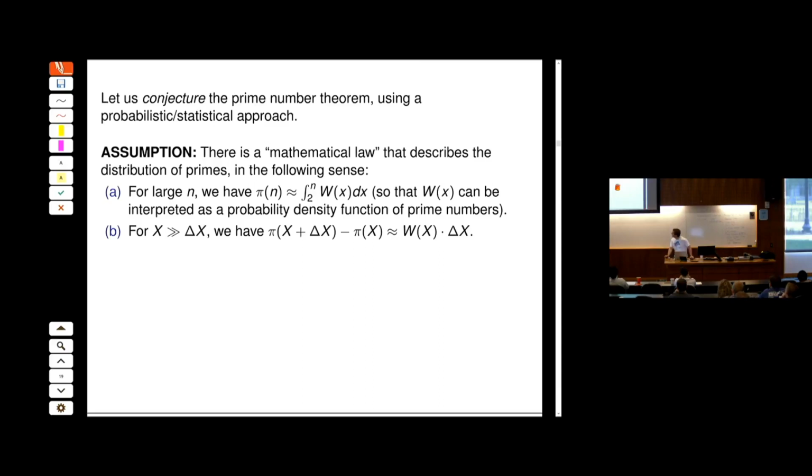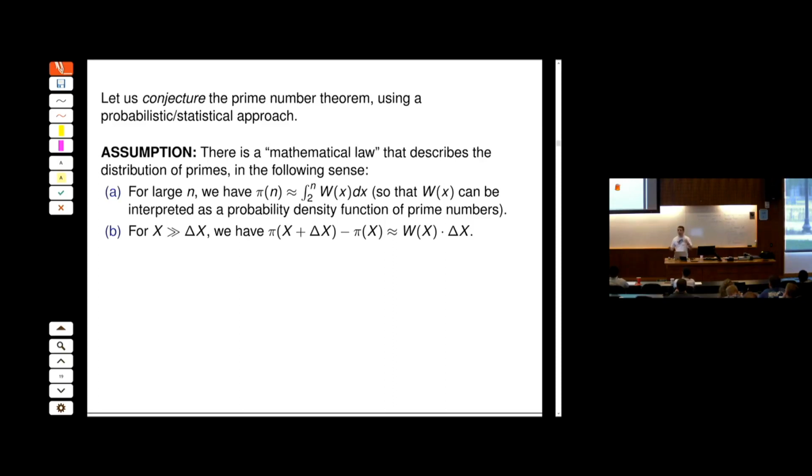Okay? And also, for large x, when you increment the bound by some increment, the increase in the number of primes is a good approximation given by w(x) times delta x. That's just my basics.